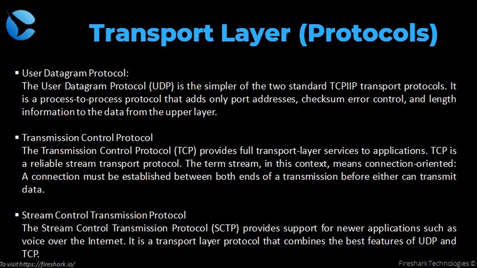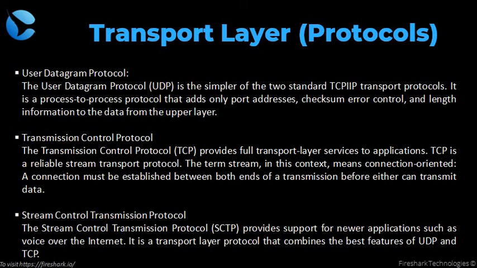Transmission Control Protocol, TCP. It is a reliable connection-oriented protocol that transmits data from the source to the destination machine without any error. A connection is established between peer entities prior to the transmission.